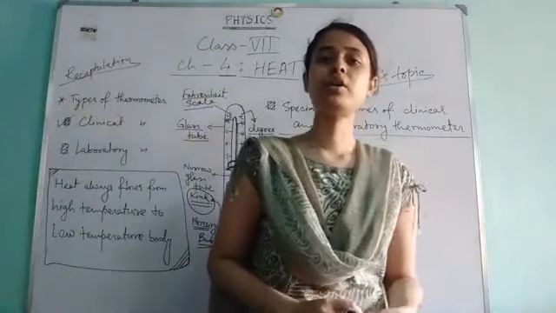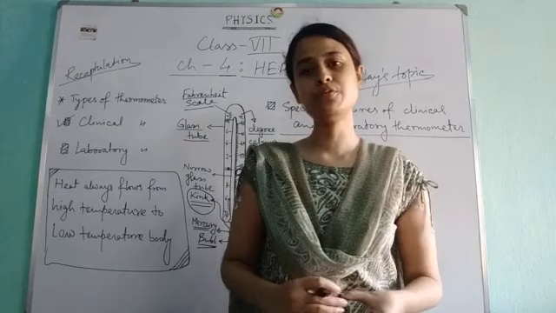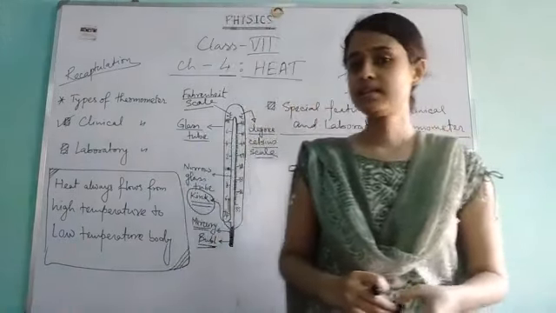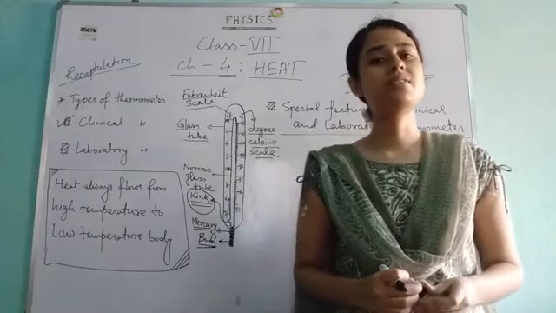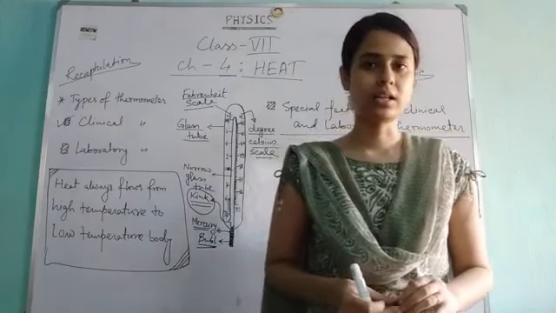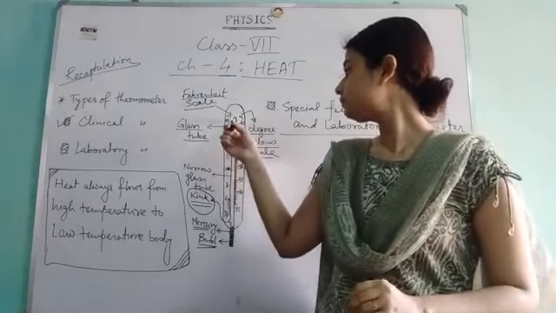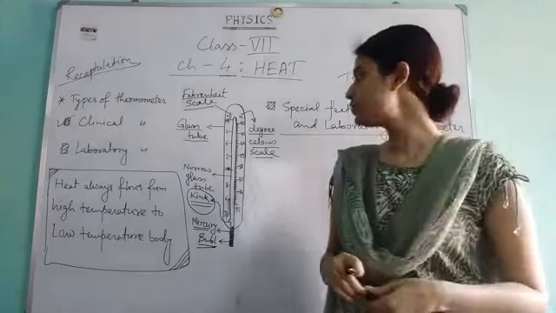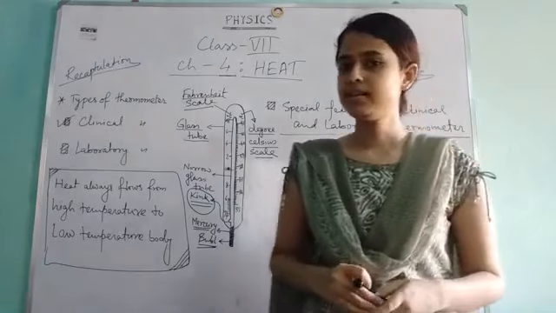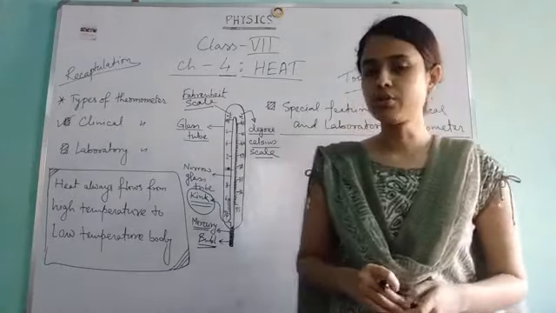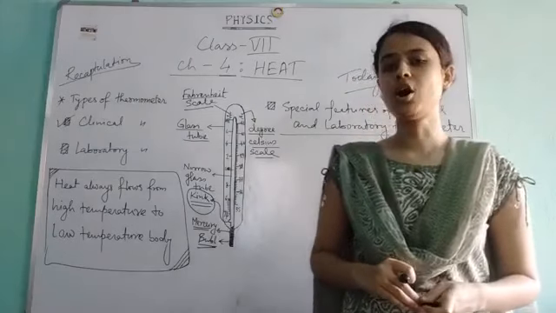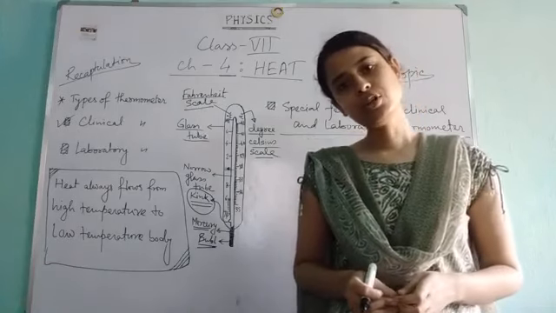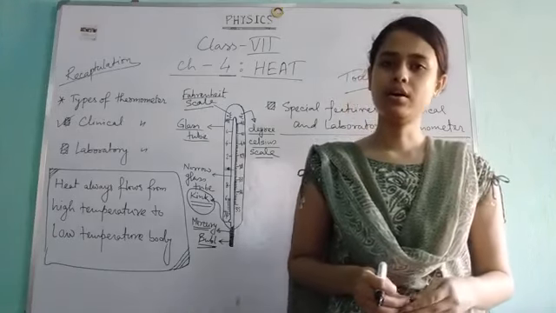If a human body temperature goes below 94 degrees Fahrenheit or 35 degrees Celsius, then it is very unhealthy. It is generally not seen, or the person is not alive. Above 108 degrees Fahrenheit or 42 degrees Celsius, the case is the same.